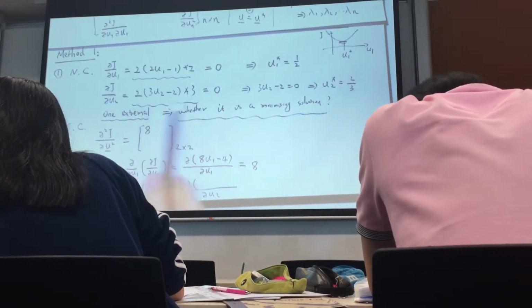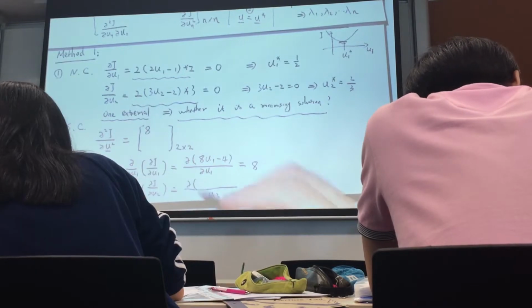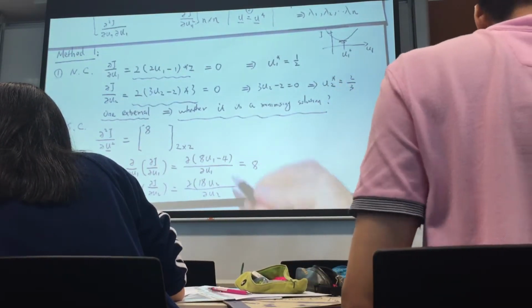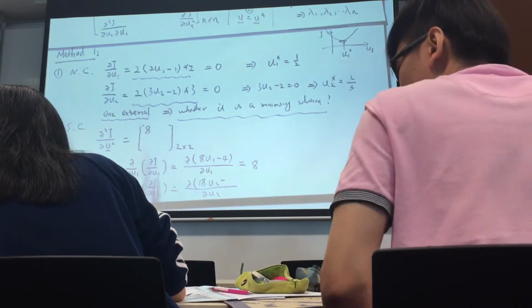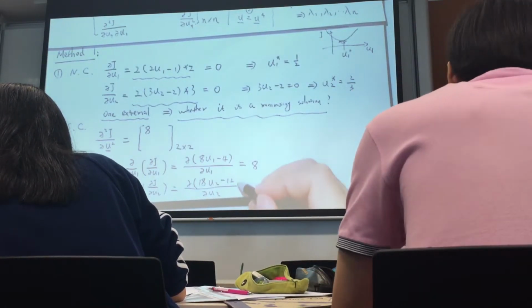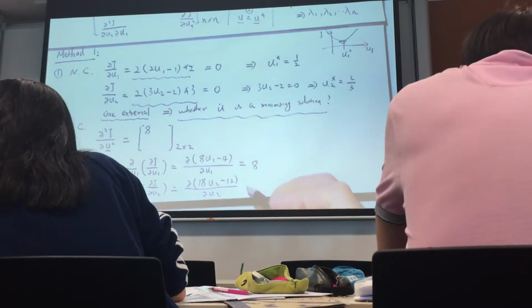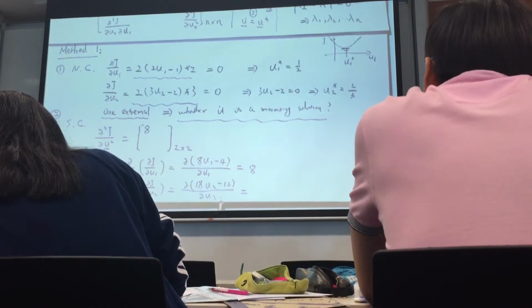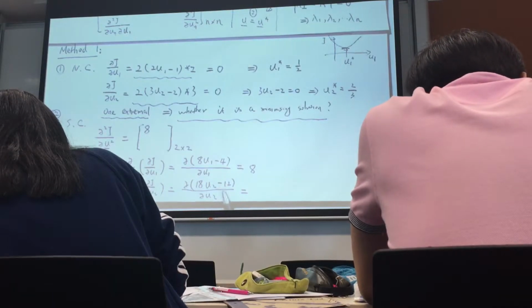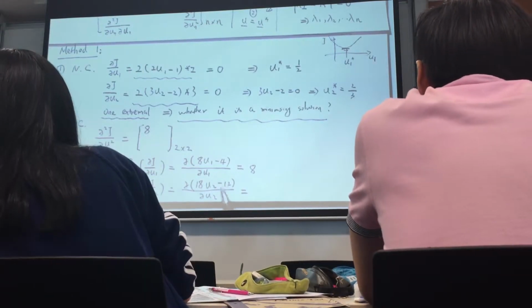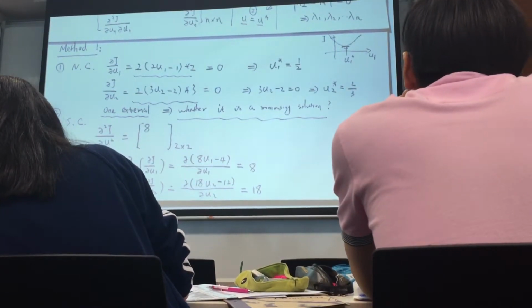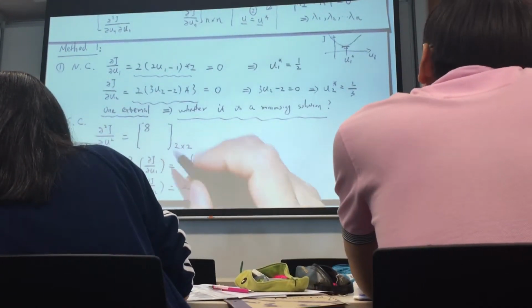So 6 by 3 gives you 18 u2 multiplied by 12. If you evaluate this one, you know the 12 will be a constant, so it's a 0. So you got 18 here.